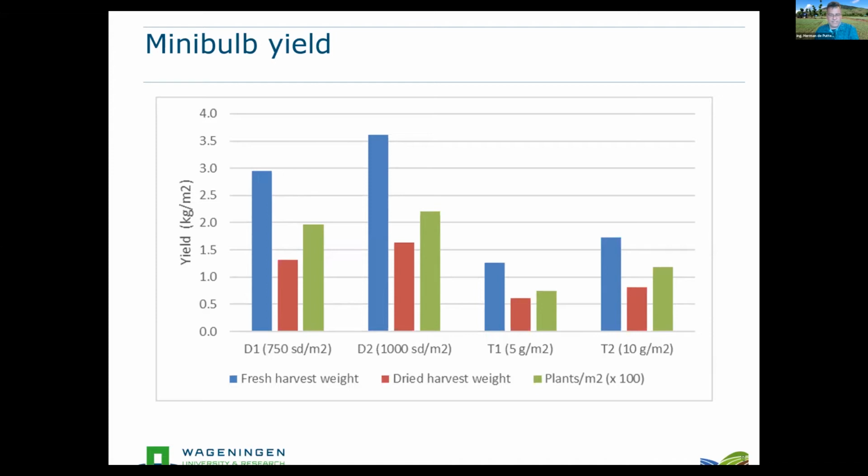While with the transplant method for raising mini bulbs, you can already see that the yield was lower than with the direct sowing, and also that with a higher density in the nursery, later with the same density after transplanting, those bulbs still had a higher yield.